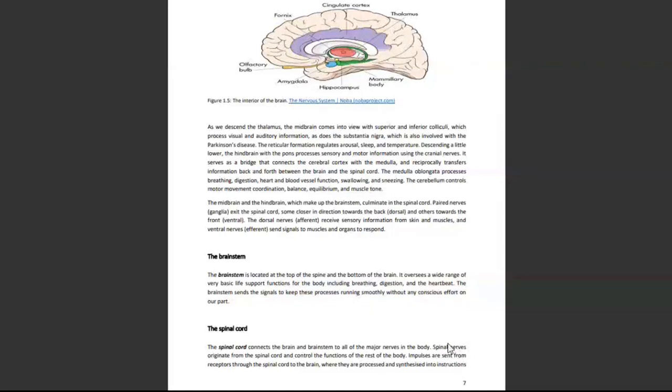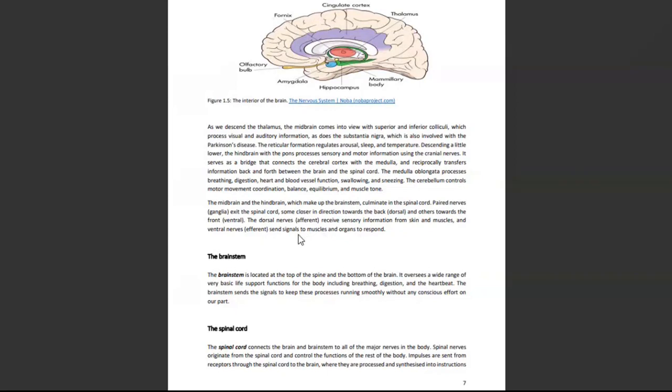So in humans, spinal nerves originate from the spinal cord and control the functions of the rest of the body. Without nerves, you won't be able to process information. You see something, hear something, feel touch, through the nerves.